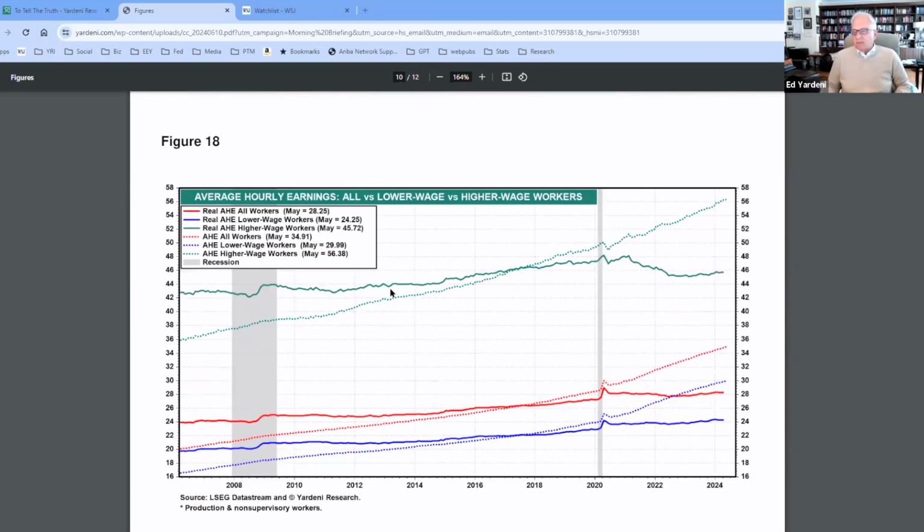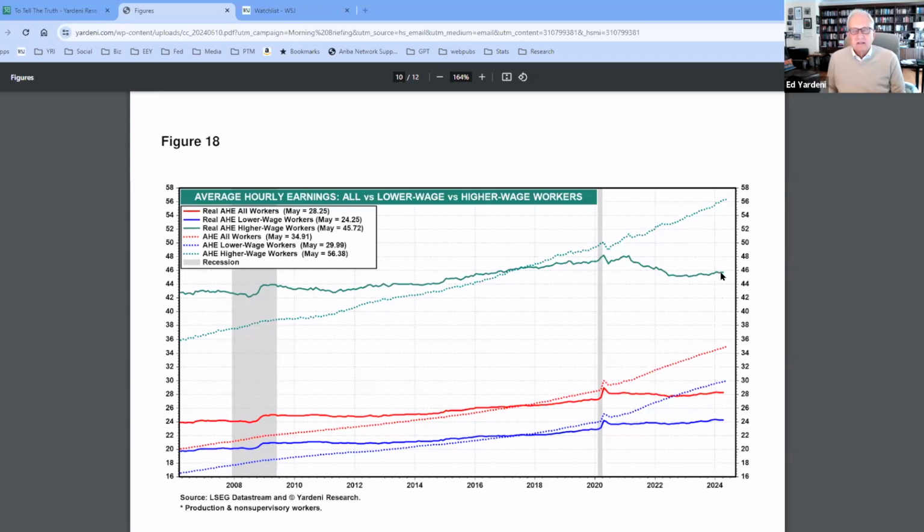By the way, we looked at wages for all workers, which is this one, the red, and for lower wage workers, and then for higher wage workers. This is what's called production and non-supervisory workers. So we had that, and then it was pretty easy to calculate higher wage workers. You can see this is what they get paid per hour. So it's higher wages, so they're up here. But you can see that adjusted for inflation, higher wage workers actually are still down.